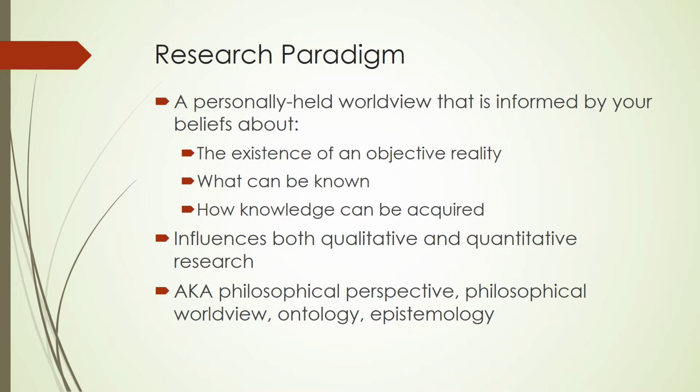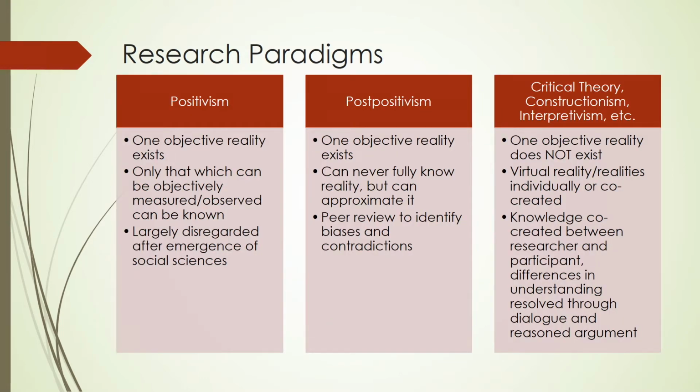But basically what it means is it's a personally held worldview that is informed by your beliefs about the existence of an objective reality, what can be known, and how knowledge is acquired, and I'll talk a little bit more about that. And this influences both qualitative and quantitative research, even though it's talked about mostly in the qualitative literature. And I'll try to provide some examples of what I mean there.